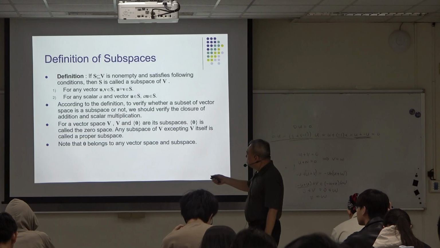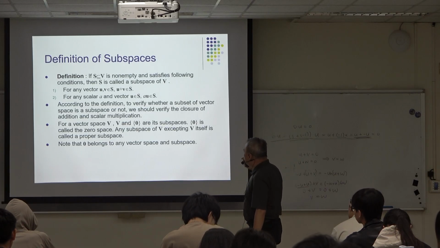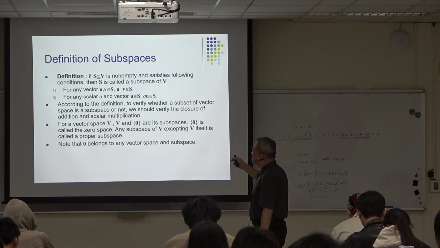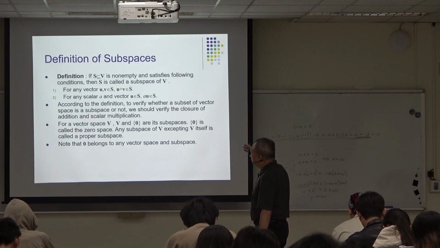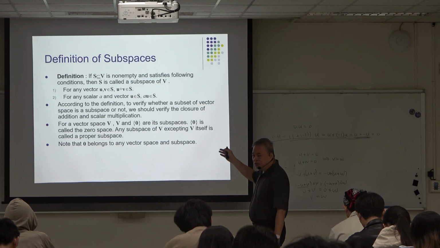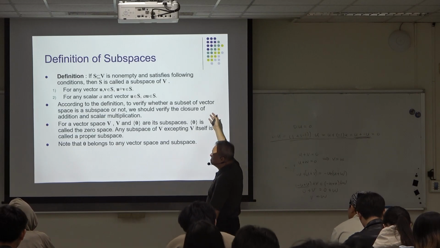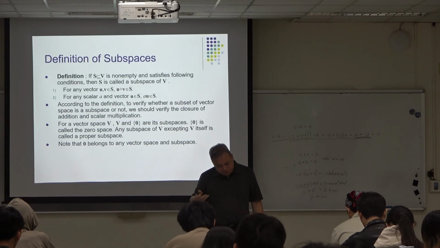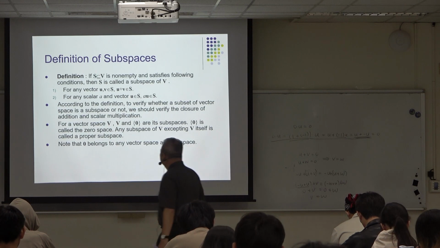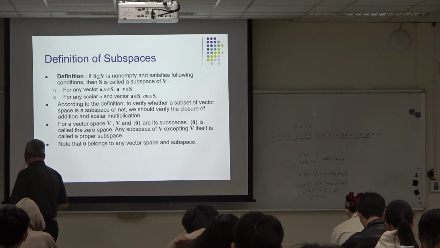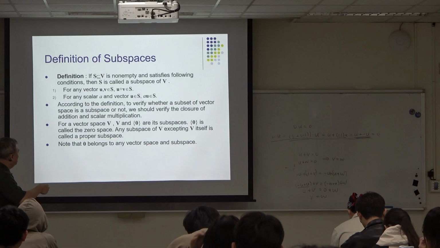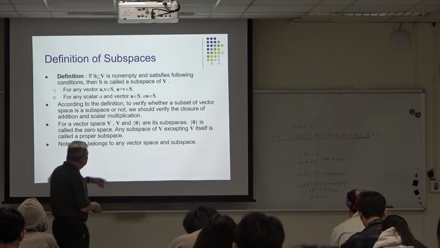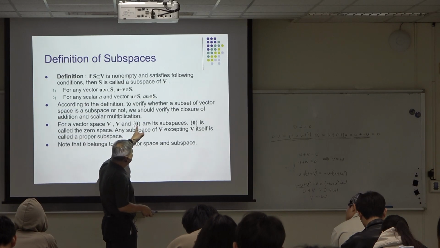Okay, so according to the definition, to verify whether a subset of a vector space is a subspace or not, we just verify the closure of addition and the scalar multiplication. This is good enough because those 10 actions are already given. Okay? So for vector space V, and this is not an empty set, this is a set with a zero vector.